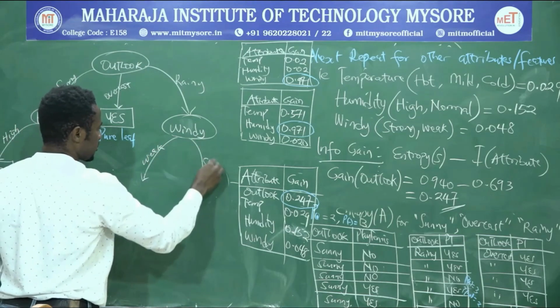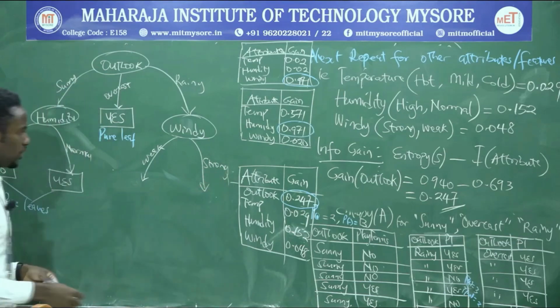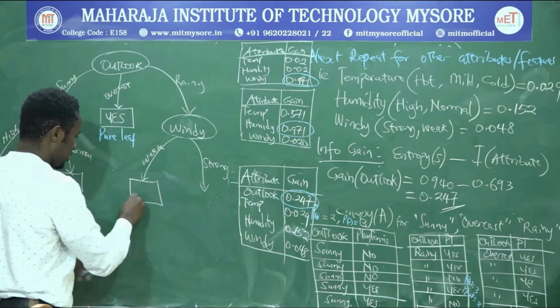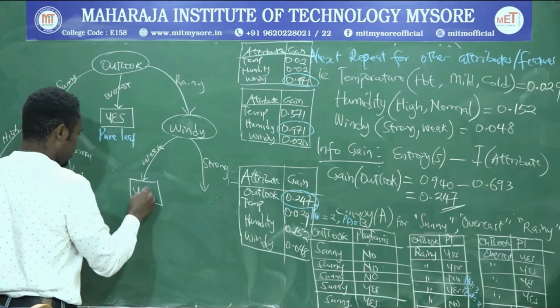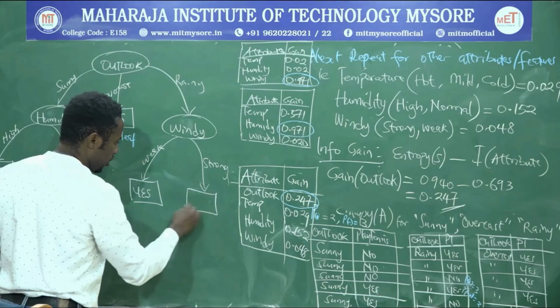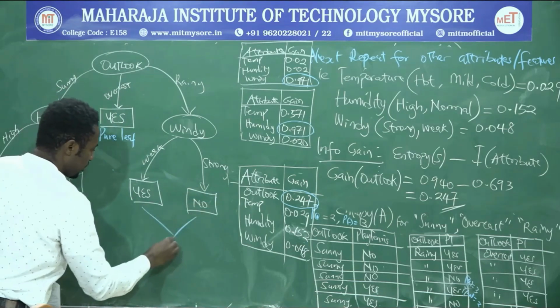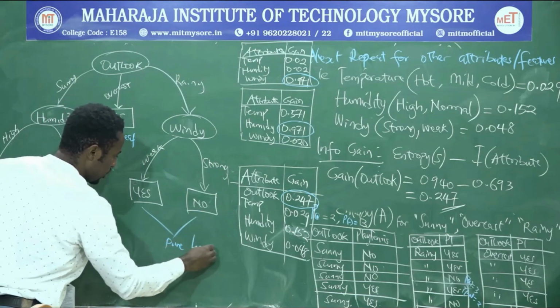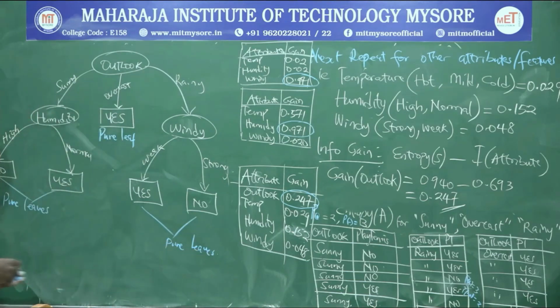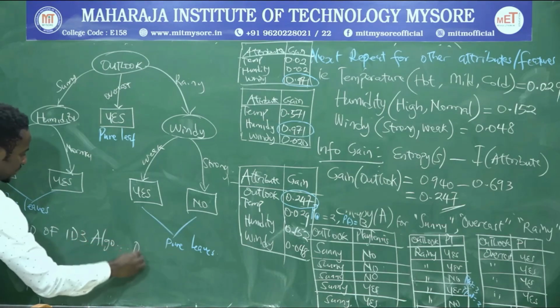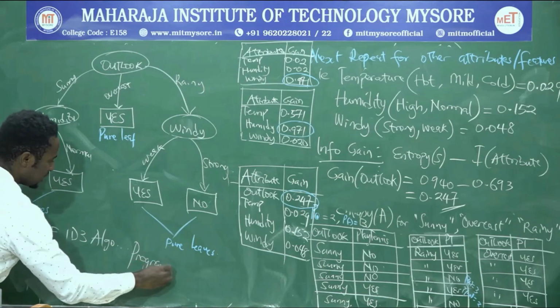For weak, it was yes, and strong, no. So again, we have obtained pure leaves. So end of ID3 algorithm. So what happens now? Program terminates. We are done.